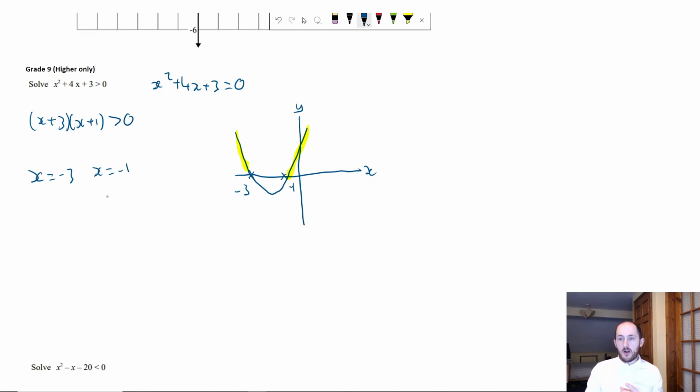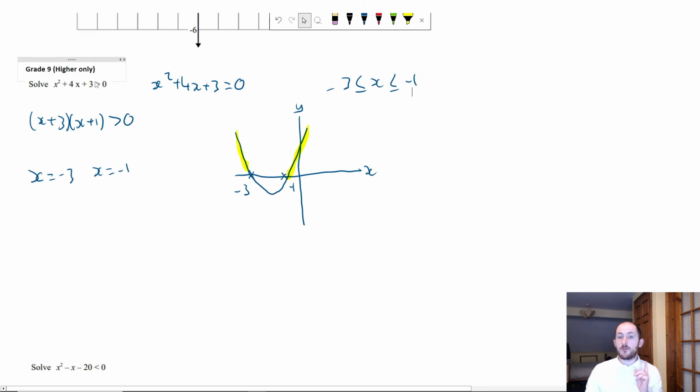Which is not defined by this, is it? Because this region here is between minus 3 and minus 1. In that region, it's actually less than 0. So if this inequality sign was less than 0, this would be 100% right, because between minus 3 and minus 1, it does go below 0.